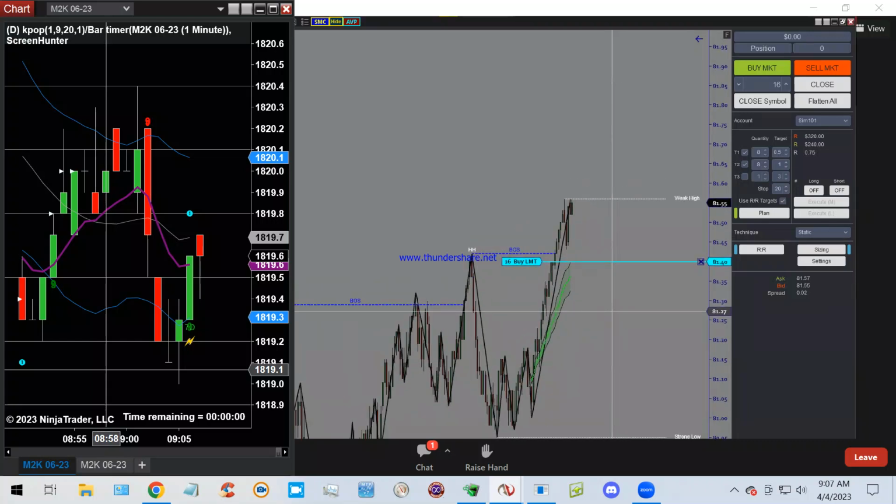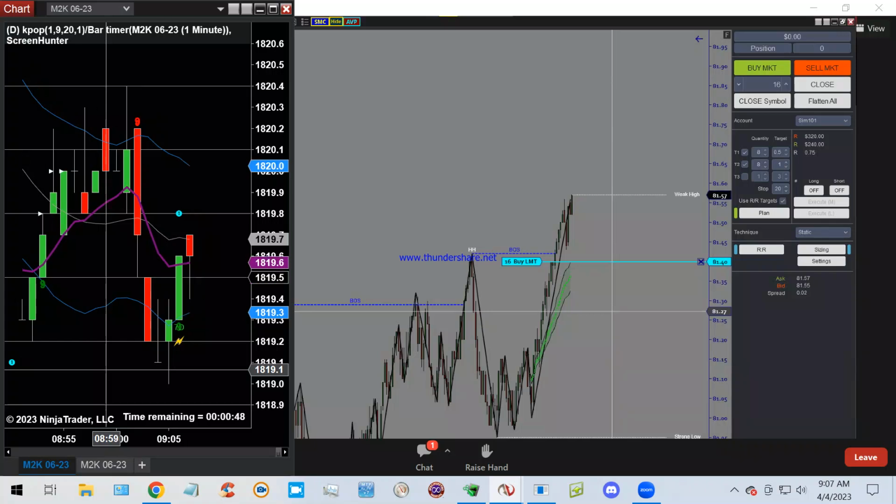14s, that's some pretty strong buying. Just need the pullback. Let's go crude.